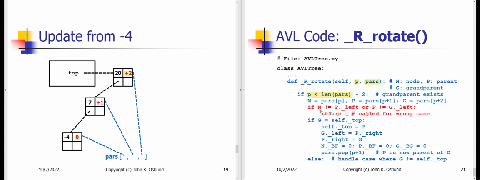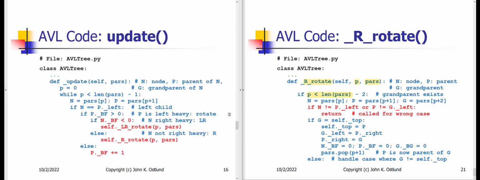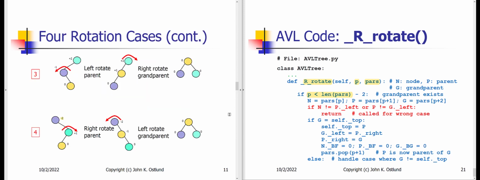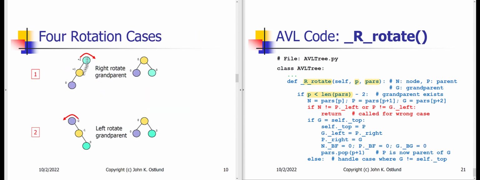Now here I have added what should be an unnecessary test just for debugging purposes, because we only want to do a right rotation in this circumstance. This is our first rotation situation. So we only want to do this right rotation of the grandparent if n is P's left, and also if P is G's left.